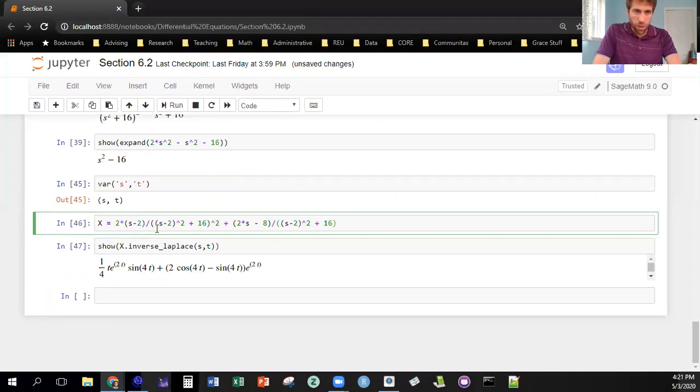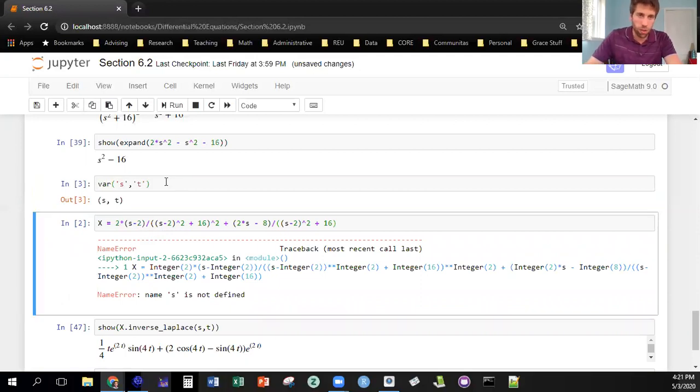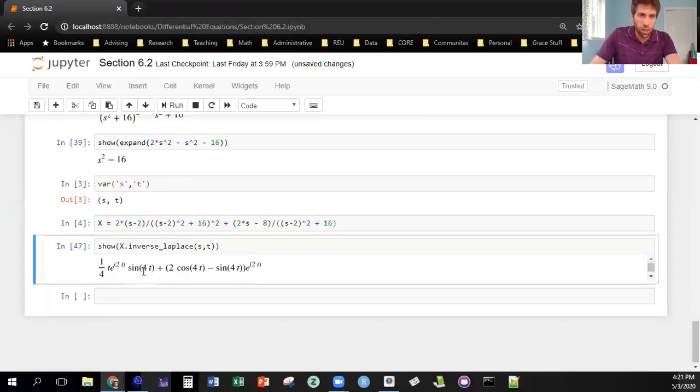Okay, so then show x, oh dear, you've got to run the code, of course. So once you make it a variable, it's okay. And then show x dot inverse Laplace. So this part means I'm using the variable s, give me the answer in variable t. So then we run that.